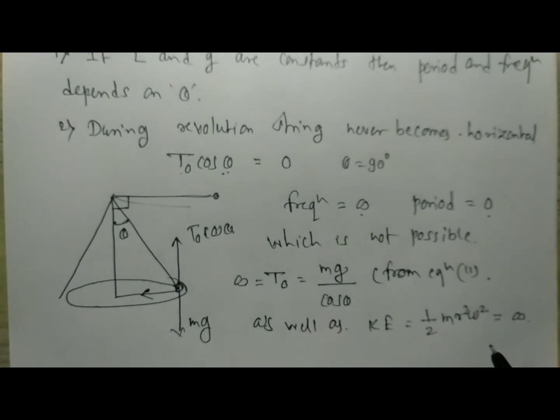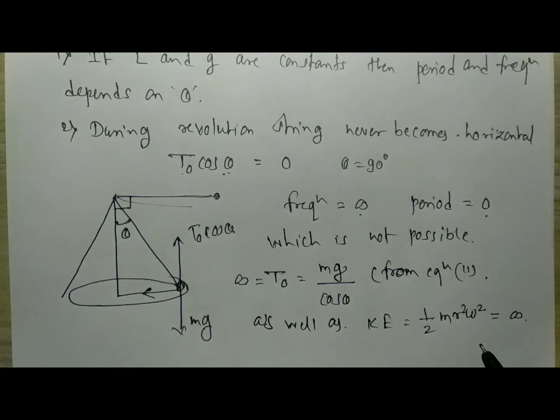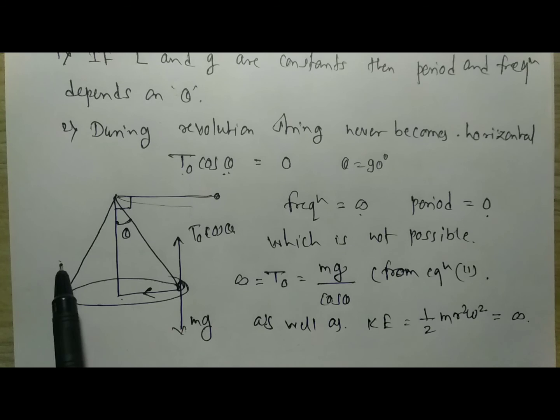Due to this, during the revolution, the string never becomes horizontal. When the string becomes horizontal, you get different things which are not balanced; the conical pendulum changes into a circular motion, which is not the particular case related to that circular motion.